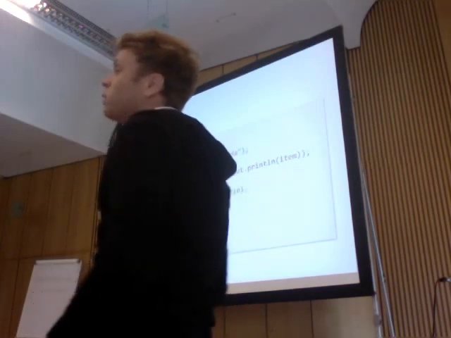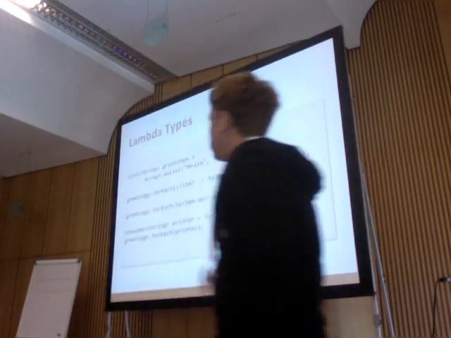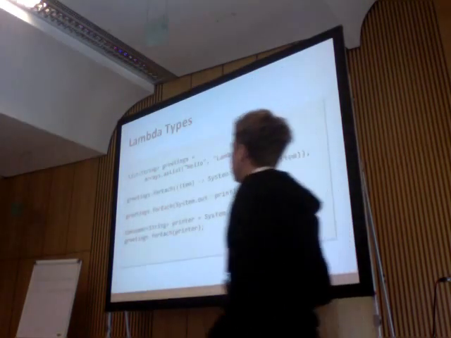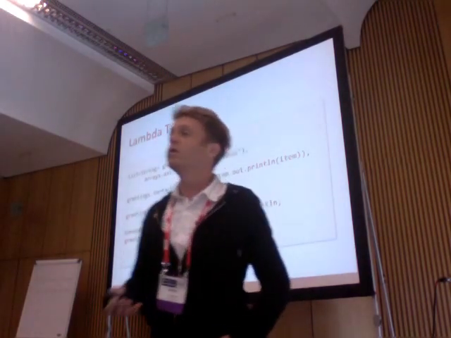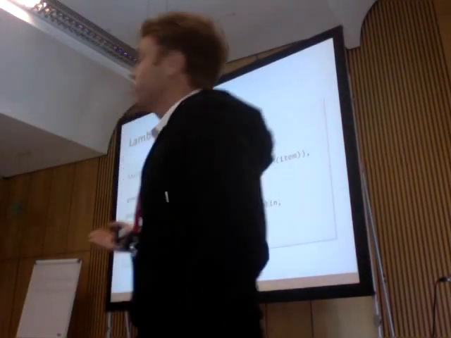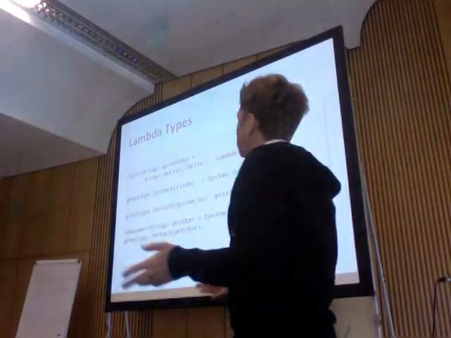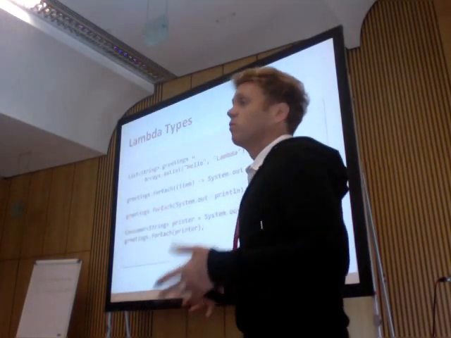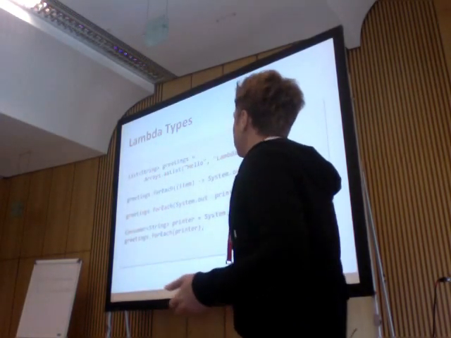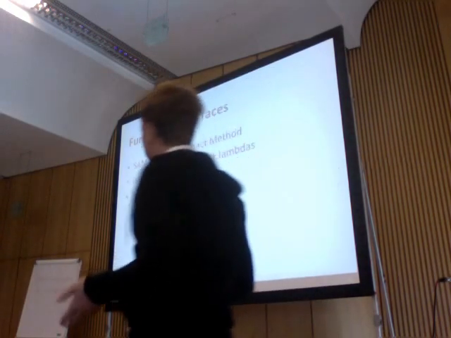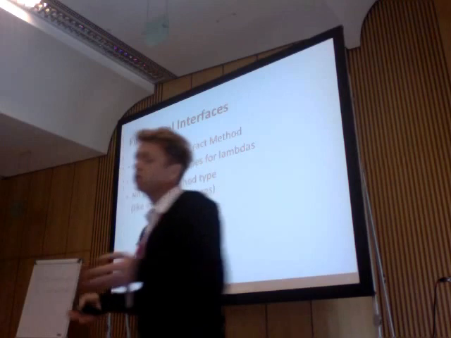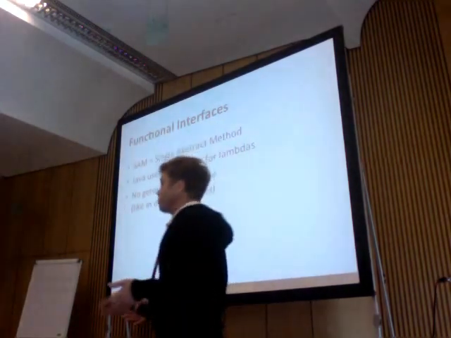But we can make it a little bit more explicit using a local variable. In this case, the forEach method needs a Consumer interface, and we can use a local variable. Now we see, okay, somehow the lambda maps to an interface internally, technically. These interfaces are called functional interfaces. They have the property that there's a single abstract method.